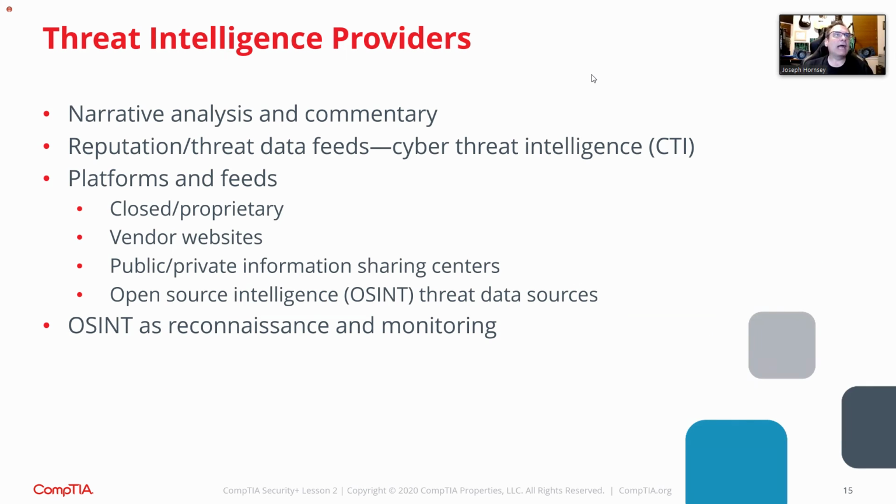Now, we're going to have some sort of system on our network that is going to allow us to look at activity on our network and correlate that to known threats. There are different ways that we can get that kind of threat intelligence.